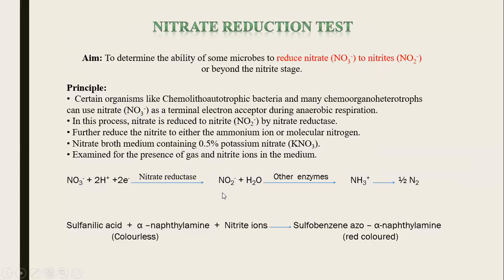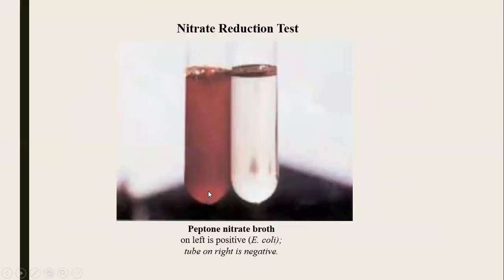The nitrite accumulation is detected by addition of sulfanilic acid and alpha naphthylamine. This changes its color to red with the production of sulfobenzene azo alpha naphthylamine. The red color indicates positive, no change in the color indicates negative. The first tube is positive, with change of color to pink, and the second tube is negative.